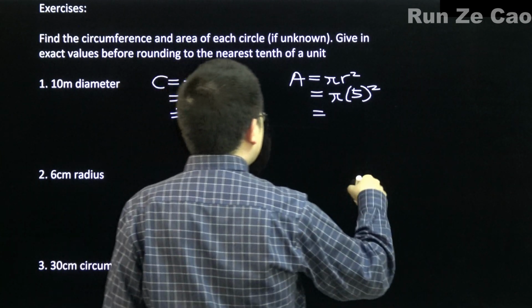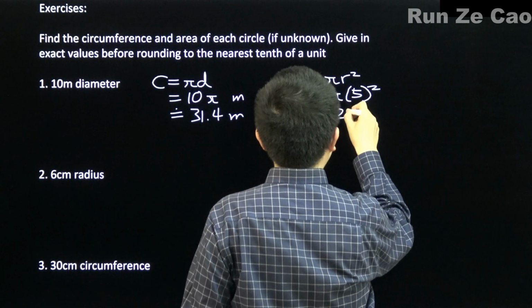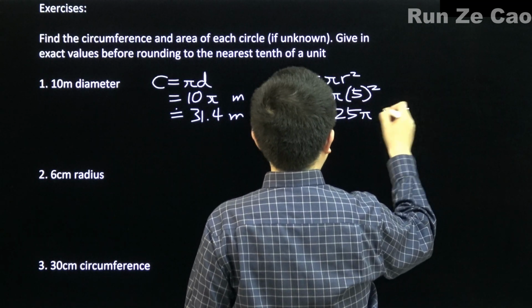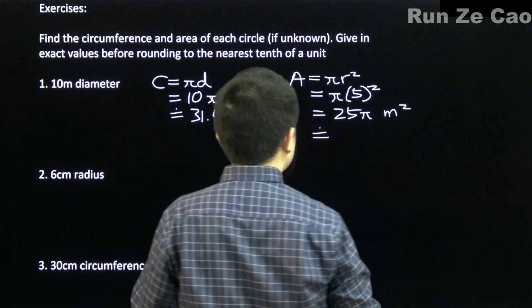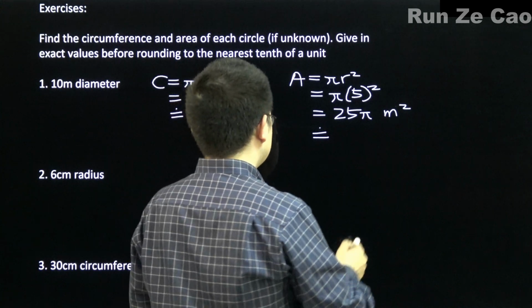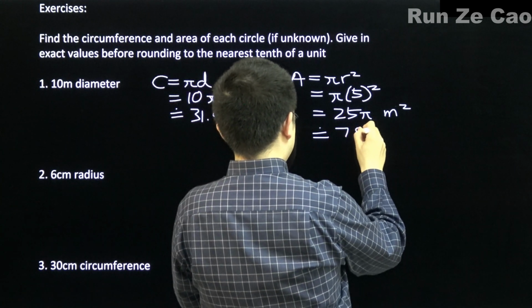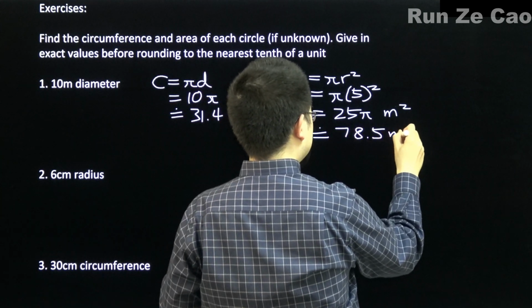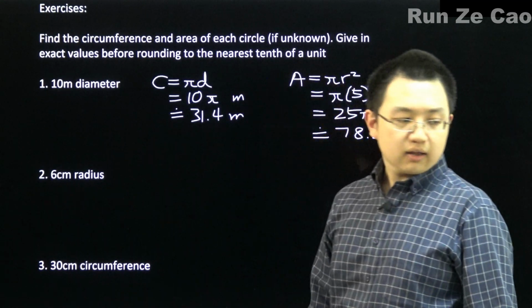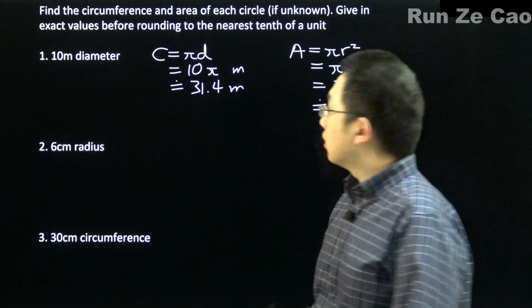Okay, so any part of the edge. So this is 25 pi, and this is in meters squared, and that's approximately 25 times pi, 78.5 meters squared. Now, what if the radius was 6 centimeters?